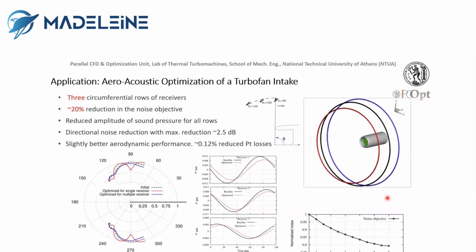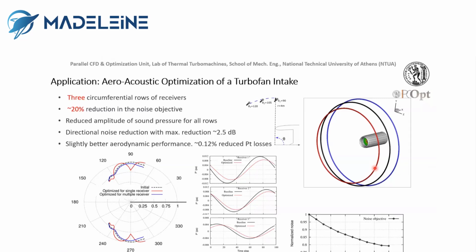So, we decided to perform another optimization run using 3 circumferential rows of receivers. These are shown in blue, black, and red on the right. By repeating the optimization for 12 optimization cycles, in this case, we come up with a reduction of 20% in the objective noise, which is practically 2.5 decibel.